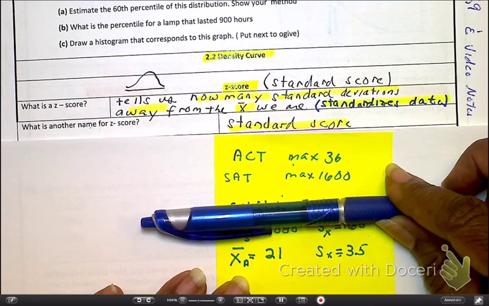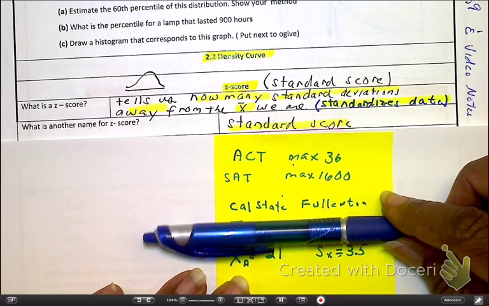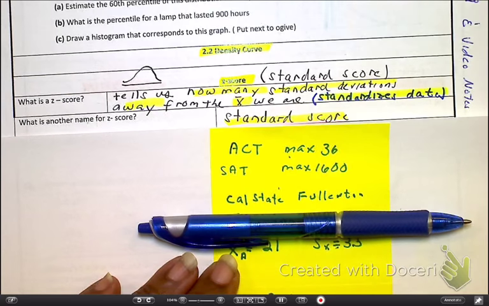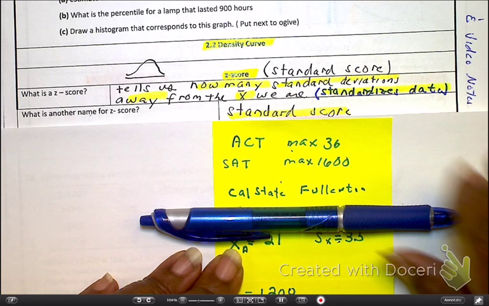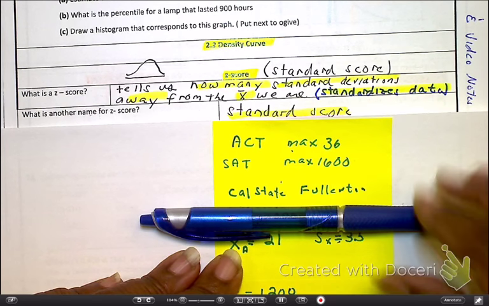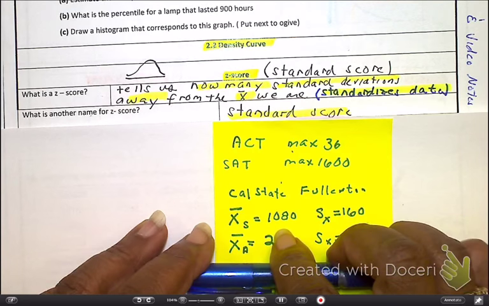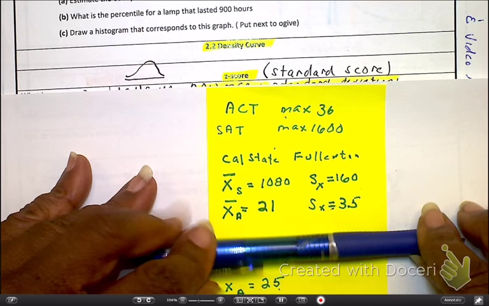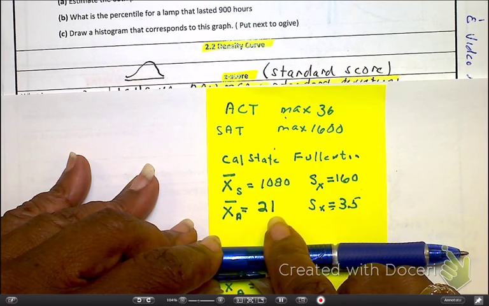Come on, it's okay. So what I did here is I had someone in third period Google. She was interested in Cal State Fullerton. Let's say she found out the SAT average for admittance at Cal State Fullerton was 1,080, and the ACT average was 21.